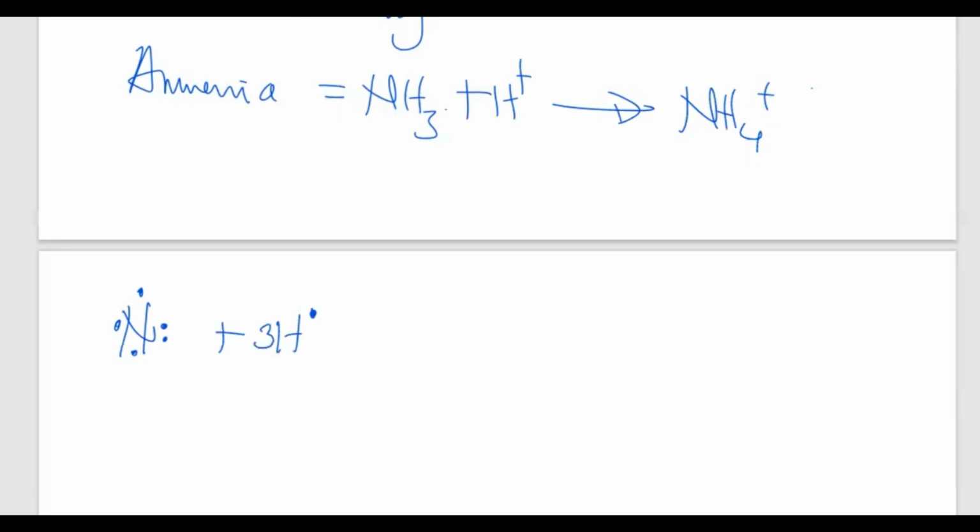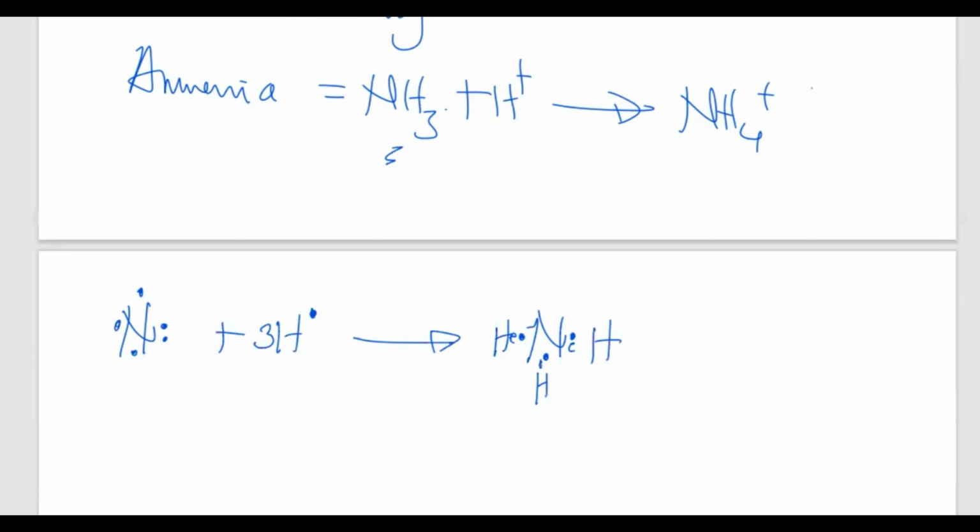So when I combine the 3 hydrogens, what's going to happen is going to form this ammonia, meaning that I'm going to have nitrogen and a hydrogen there. Nitrogen and a hydrogen there. Nitrogen and a hydrogen there. So it forms this ammonia.